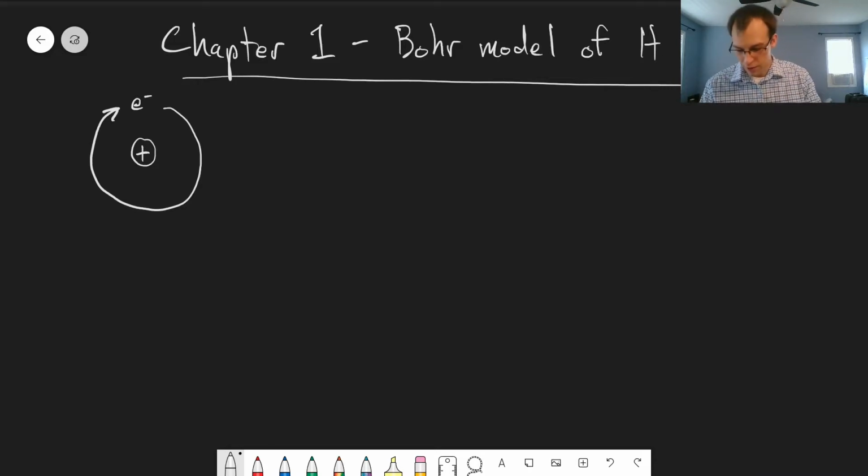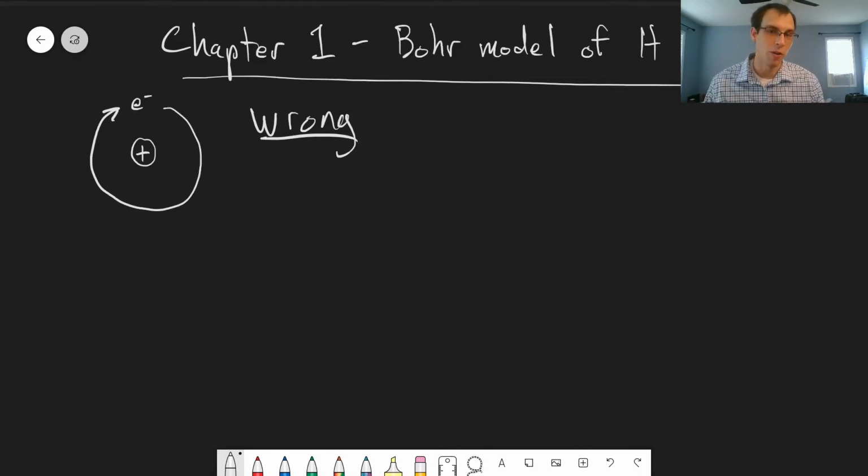One thing I'll note is that this model that Bohr came up with is wrong, but it's a useful stepping stone to show how scientists were trying to go from the classical ideas that we had to understanding these quantum objects. So this picture of the atom is not right.